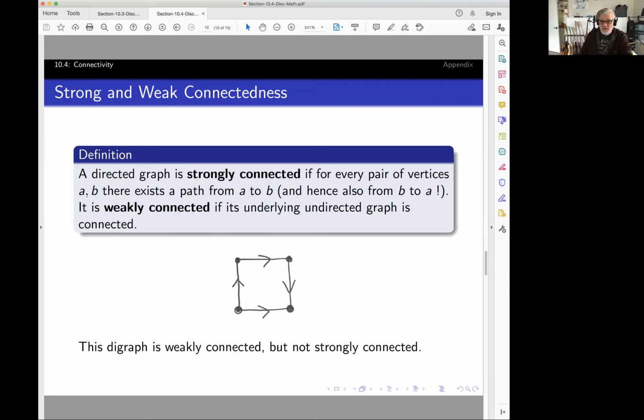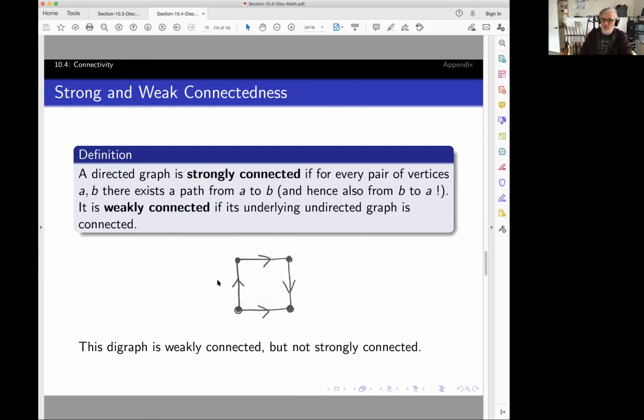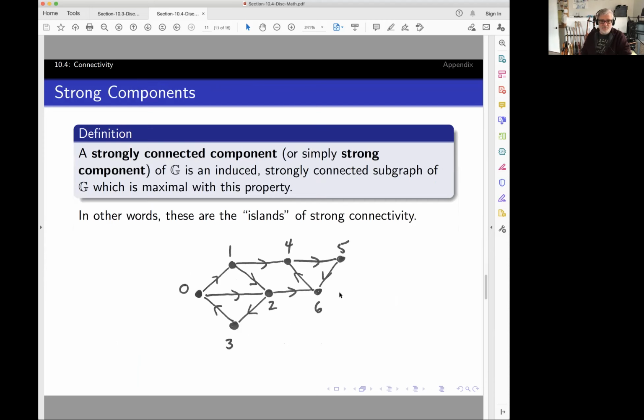Here, this digraph is not strongly connected, because if I start with the vertex at the bottom right, I'll never be able to go to the other vertices. I'm stuck there. But it is weakly connected, because if you erase the orientations, you get an undirected graph, and it is connected. So there's a distinction here.